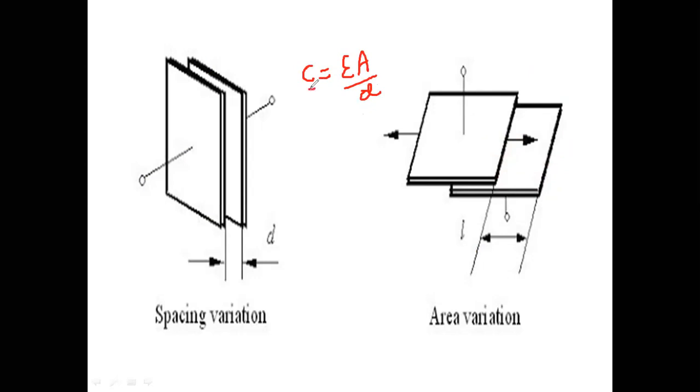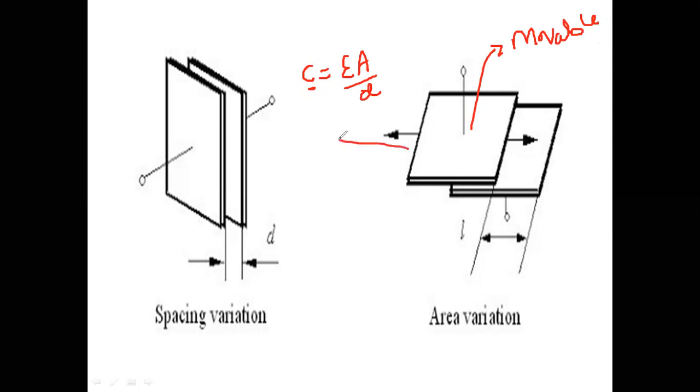I have some capacitance value. Even now, the capacitance C equal to epsilon A by D is valid, but the capacitance value decreases or increases depending upon the overlapping area of plates. Since I am giving displacement to the movable plate, the top plate, what will happen?